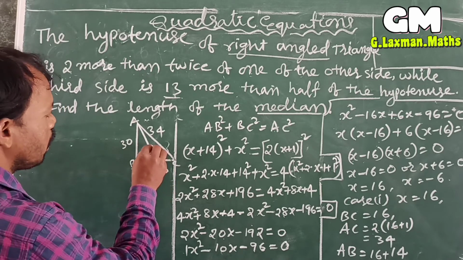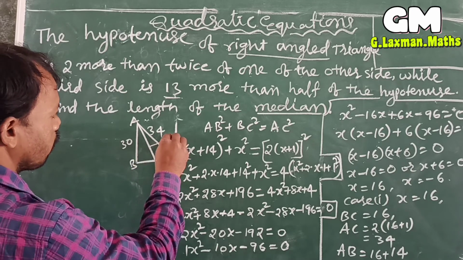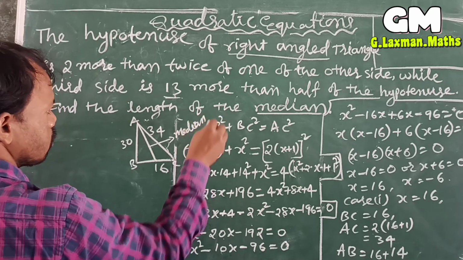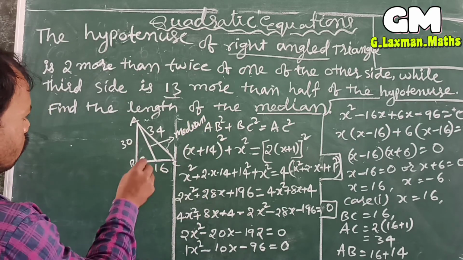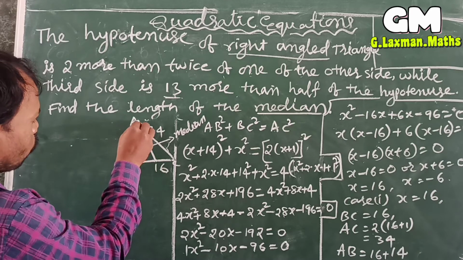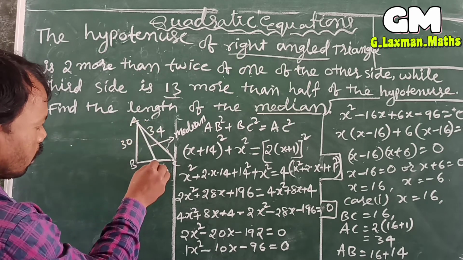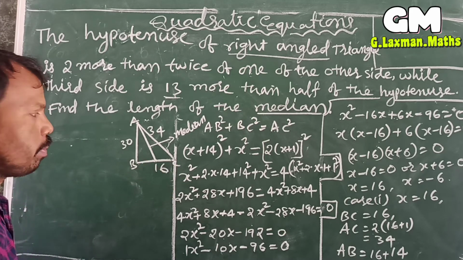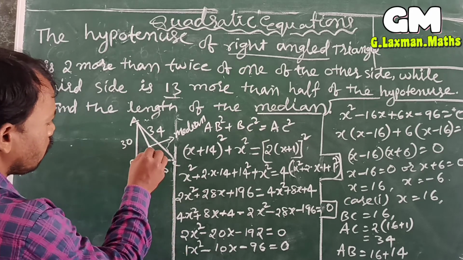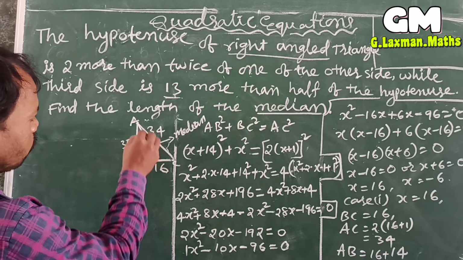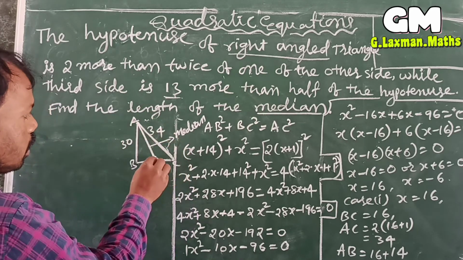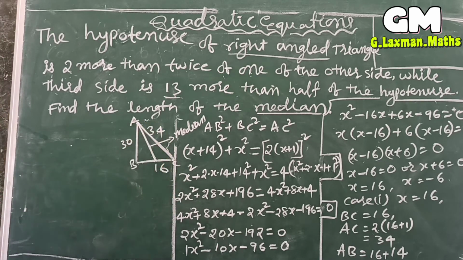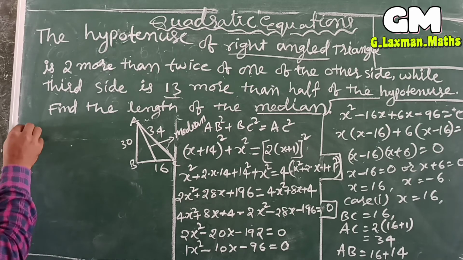So this is the median. The median is always half of the hypotenuse. What is the hypotenuse here? 34.